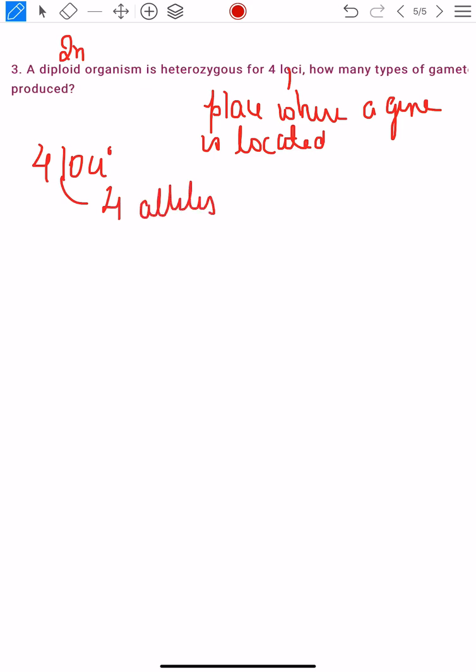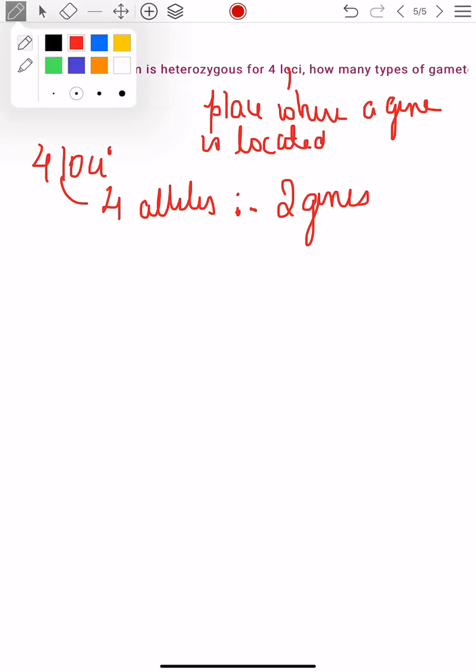Or, to put it briefly, one gene contains a pair of alleles, and 4 loci will be occupied by one allele each, so 2 genes are going to be there. That's the first thing we can infer from 4 loci.